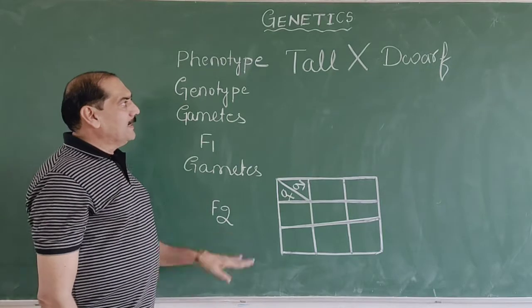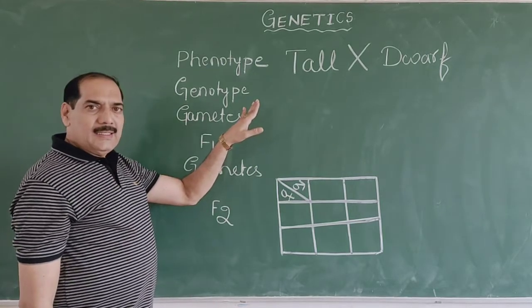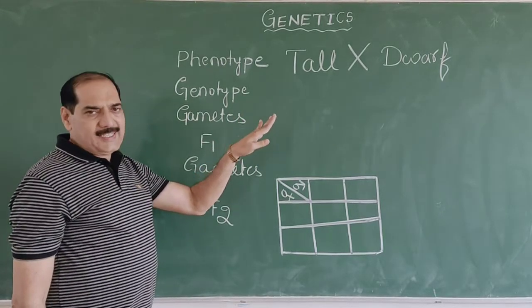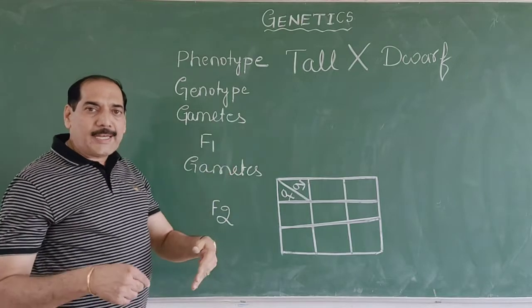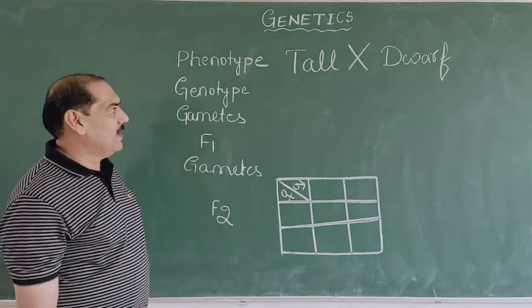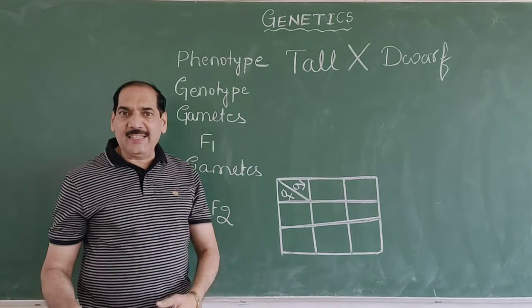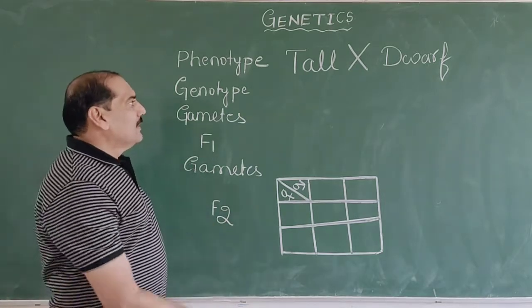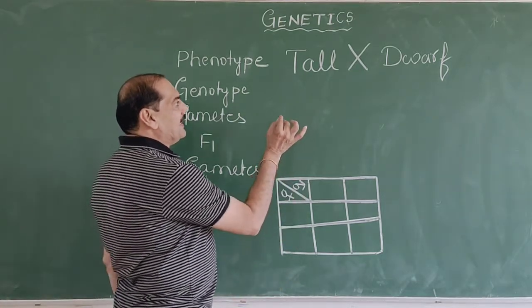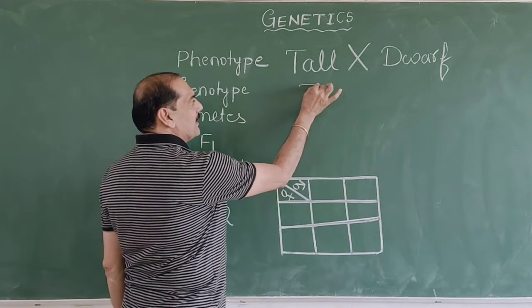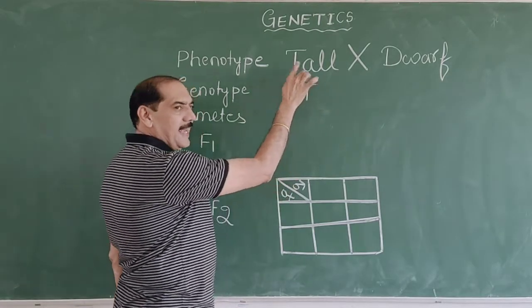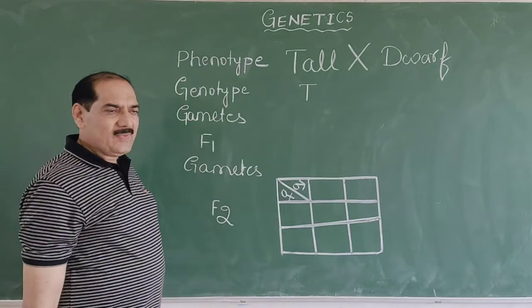Okay. Here, Mendel used letters, alphabets, to denote the factors or the genes. For example, he selected the letter T to denote the character tall.